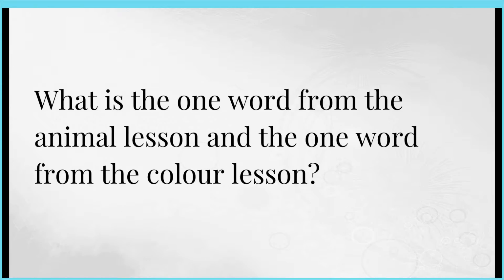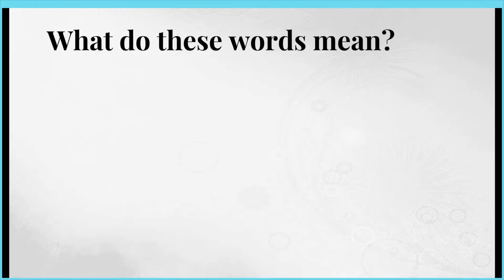After you've listened to the song, answer this question. What is the one word from the animal lesson and the one word from the color lesson that can be found in the song? And then can you tell me what the following words mean?